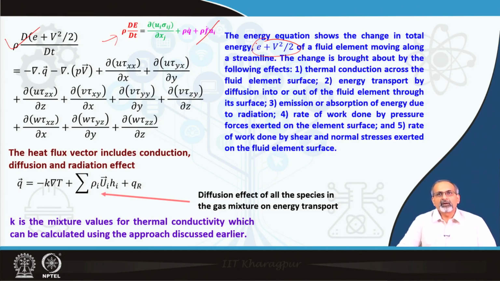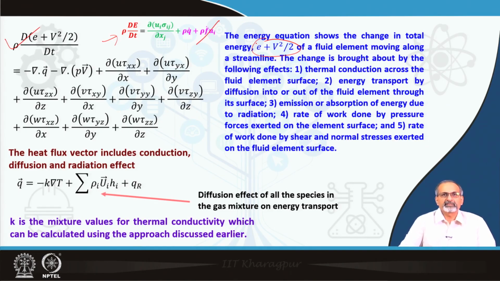First of all, thermal conduction across the fluid element surface. Secondly, energy transport by diffusion into or out of the fluid element through its surface. Then comes the possibility of emission or absorption of energy due to radiation. Rate of work done by pressure forces exerted on the element surface, and the rate of work done by shear and normal stresses exerted on the fluid element surface.